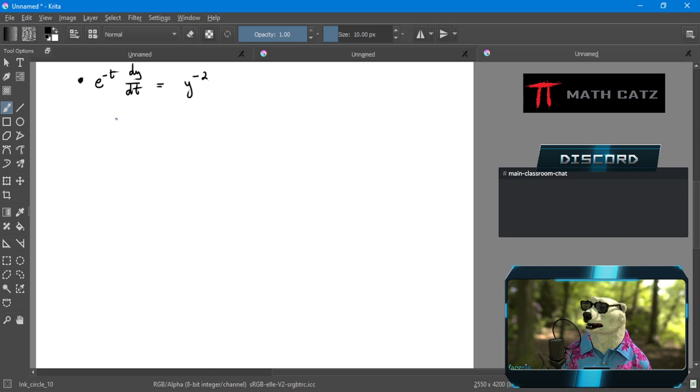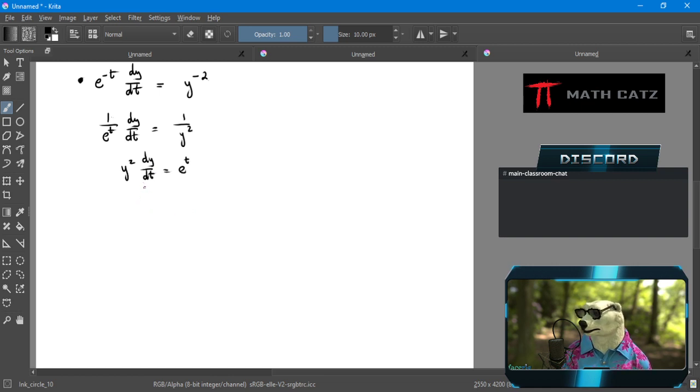So you can, if you want to, get rid of the negative exponents to better see what to do. And then I see, oh, I have to multiply by y squared and by e to the t. And then I would have them nice and separated.